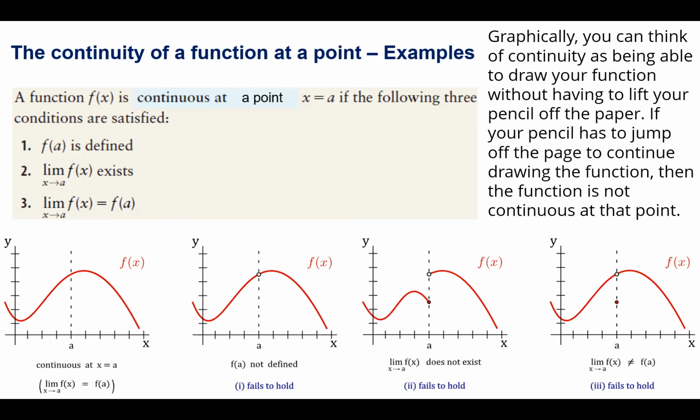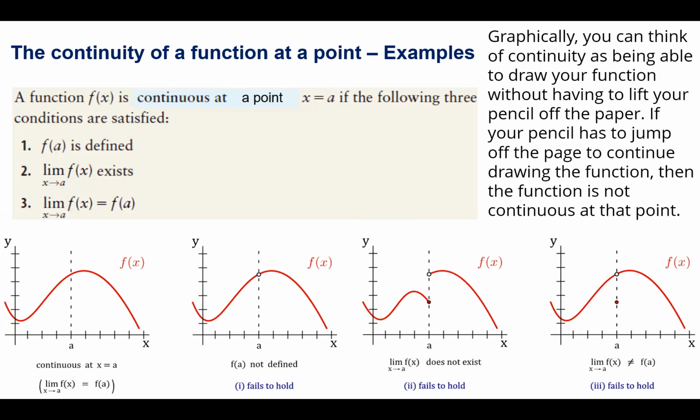Okay, then let's consider the last graph here. Can the three conditions be met? The answer is no. First of all, f(a) is defined. Second, the limit of f(x) is also defined, right? Because when x approaches this point from both left and right, the limit of f(x) is this point, right?